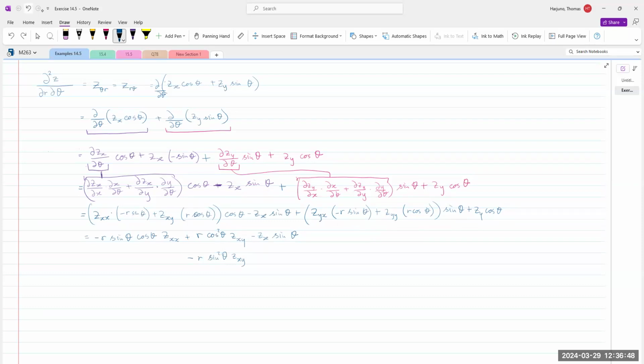And then this guy is plus r sine theta cosine theta z sub yy, and then plus z sub y cosine theta.